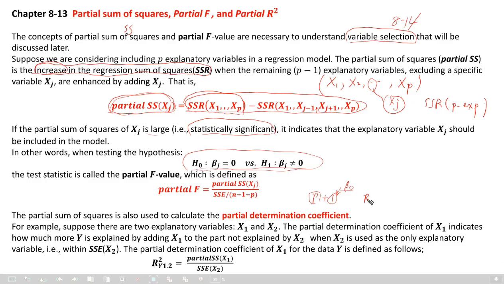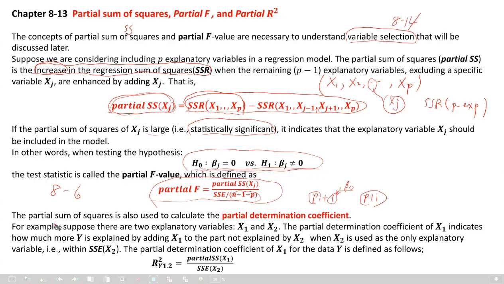So they are actually p plus 1 parameters. So n minus p minus 1, n minus 1 minus p. Okay? That is the degrees of freedom of residual sum of square. We studied this one, section 8.6, ANOVA table. So it is just simple. It's not a bad test statistic for this hypothesis.